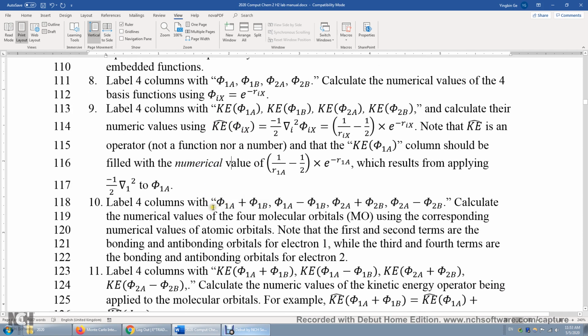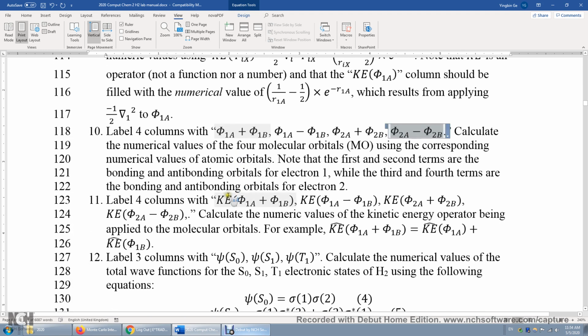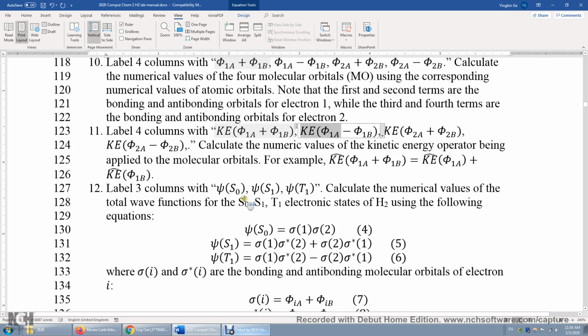All right, so you need these columns. Why? This is the constructive interference for electron 1, destructive interference for electron 1, constructive interference for electron 2, destructive interference for electron 2. All right. And then we're applying the kinetic energy operator to those bonding and anti-bonding orbitals over here.